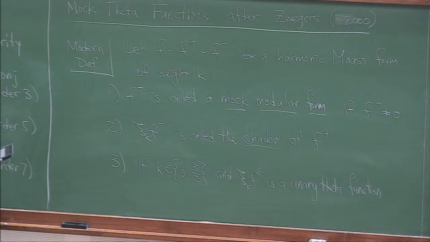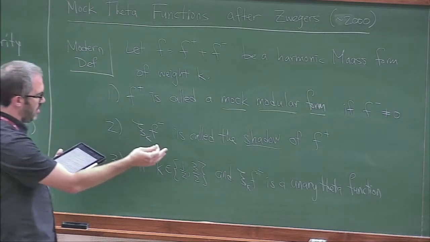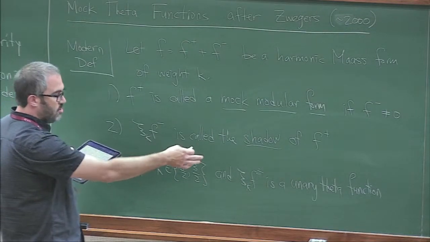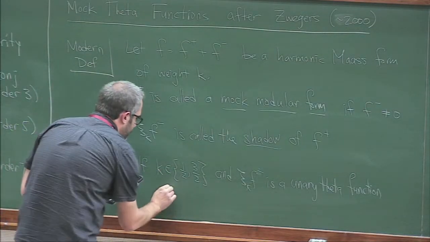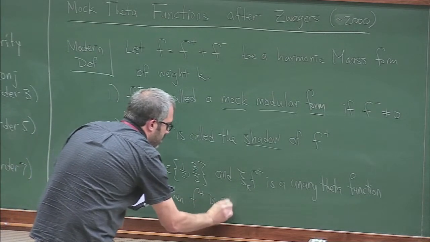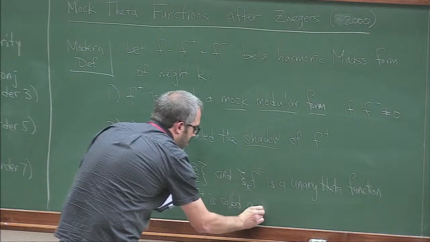So this matrix is just a 1-by-1 matrix. So that's what a unary theta function is. So if the weight is one of these two special things and the shadow is of a special form, then f plus is called a Mach theta function.